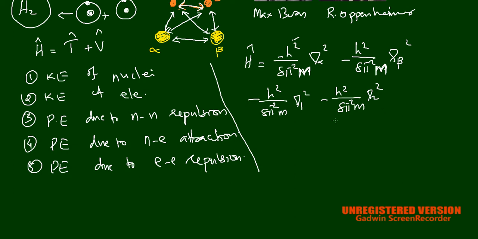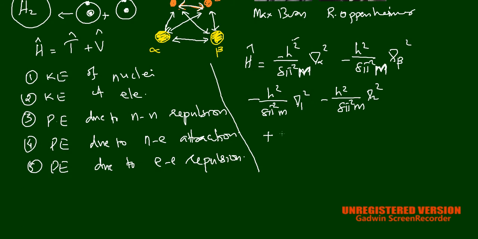Then now we have to include the potential energy terms. Which are the potential energy terms? That is, first one is the potential energy due to the nucleus repulsion. So it has positive signs since it is a repulsive potential energy. So nucleus and nucleus repulsion. The nucleus have the elementary charge e, that is the same charge of the electron, but it has the different sign of the charge of the electron, but the magnitude is same, right?